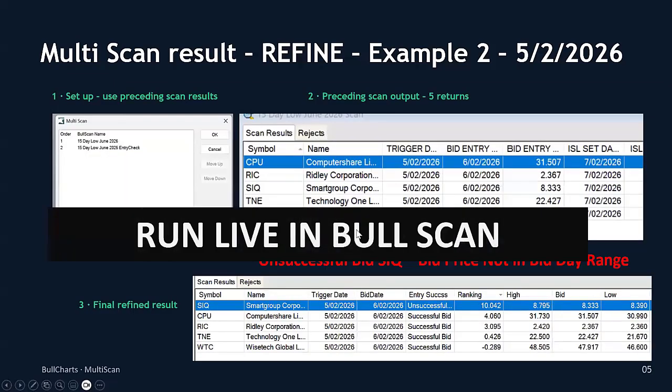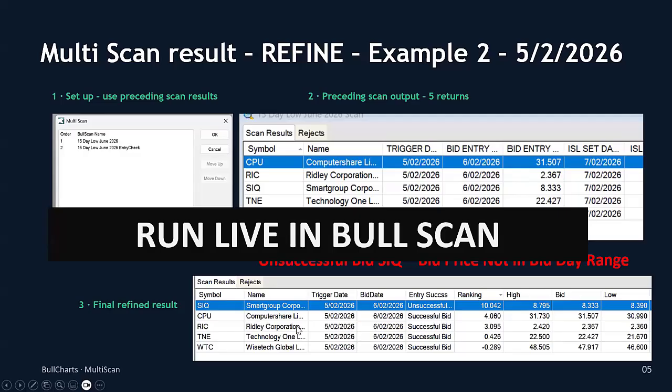So again, I'm going to run that now in BullScan, and this is one also that I've gone back and set the date on. You'll see here that there were 5 returns from the preceding scan, and this is my entry check where I look at what happened the day before and have it tell me whether it was within range and whether it's a successful or unsuccessful bid. I've written some very simple code that prints either successful or unsuccessful.